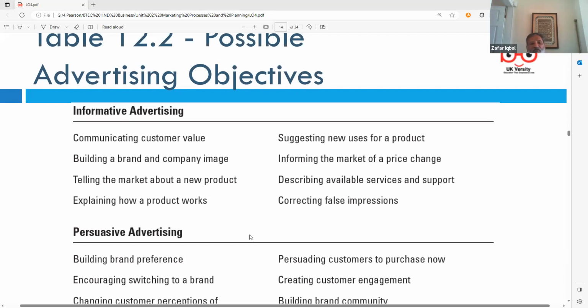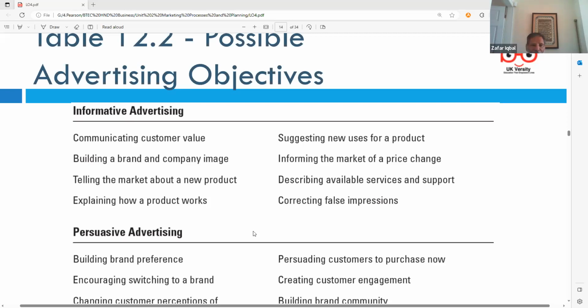Its main purpose is to build a company image and communicate customer value. They have to make sure that they are building a brand image. They are telling the public, the market, about the new product. They are explaining what a product looks like, how it works. It tells the public the new uses of the product and so on.